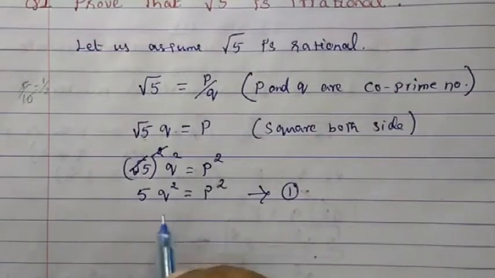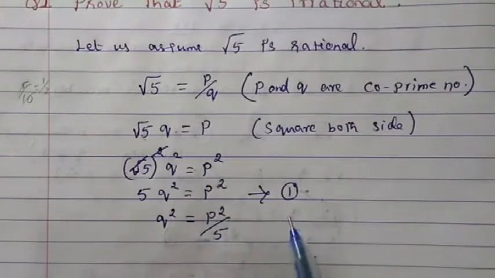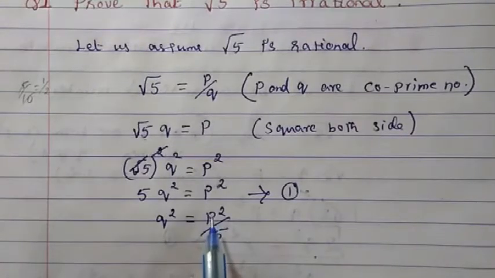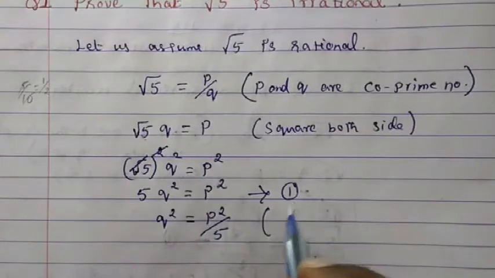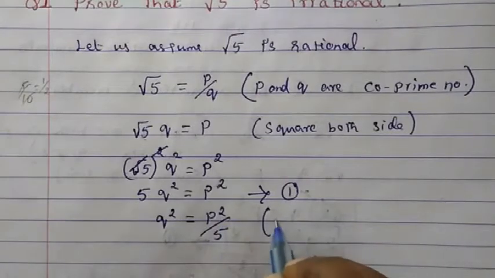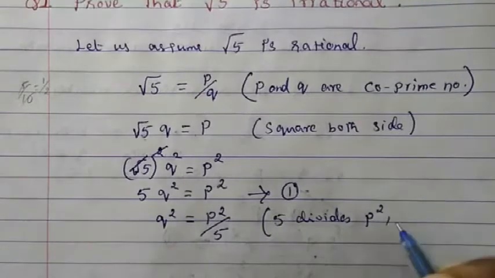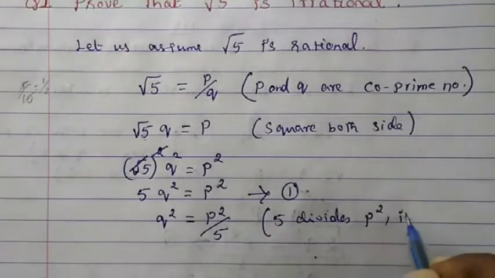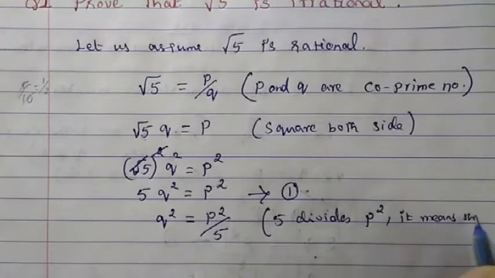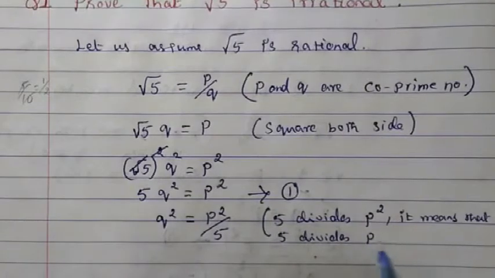Now let's bring 5 to the other side. So we keep q square here only and bring the 5 this side. Now what does it mean? It means that 5 divides p square. Now according to theorem 1.3, if 5 divides p square, it means that 5 divides p as well.